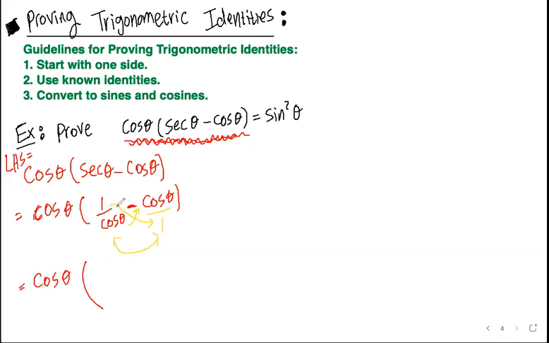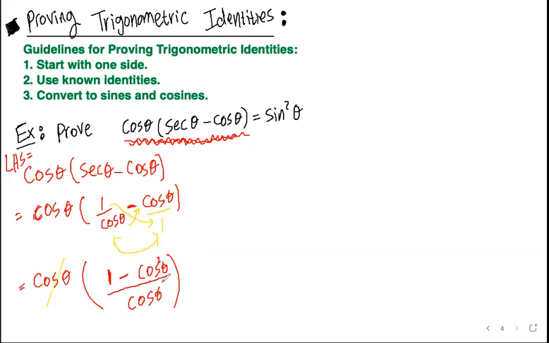Let me check. So 1 times 1 is 1, minus cosine times cosine is cosine square theta, over this times 1 is cosine theta. Yes, this is true. So now we multiply this by the parentheses.